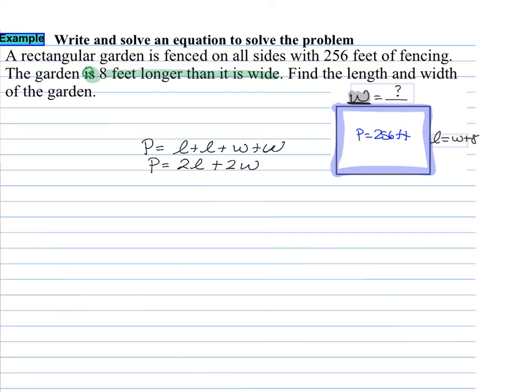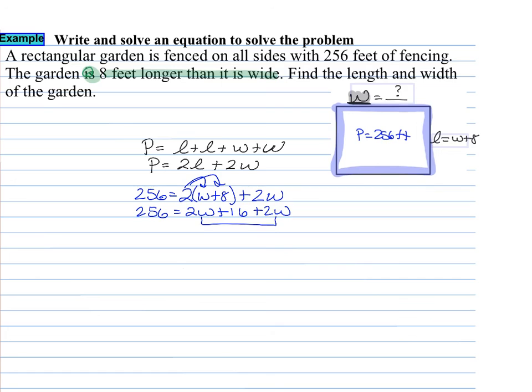So I know that the perimeter is 256, so that's my P. I know that my length is W plus 8. I do not know what my width is, so that's just going to stay W. I'm going to distribute everything inside. So I'm going to have 256 equals 2W plus 16 plus 2W.